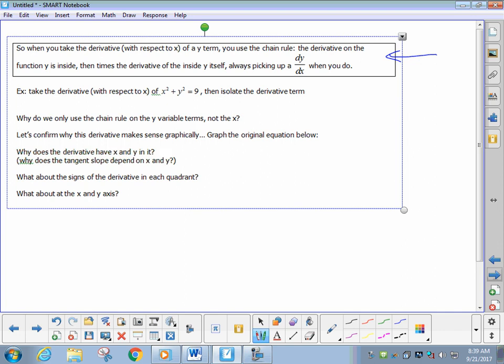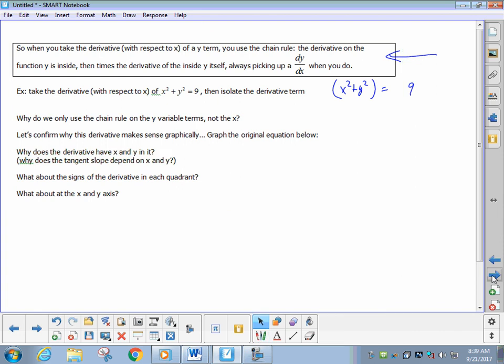That's a relation. If I take the derivative with respect to x, let's start by saying I'm starting with the equation here, and I am taking the derivative of both sides. We have done this notation a little bit.